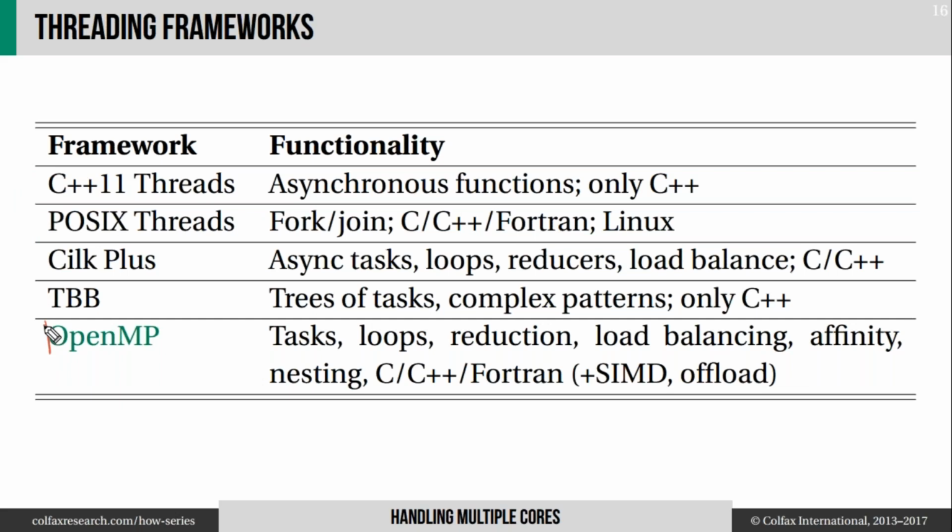We will focus on OpenMP because, in my opinion, it hits the sweet spot between low barrier to entry and high degree of tuning. And most importantly, it is designed with computing in mind.